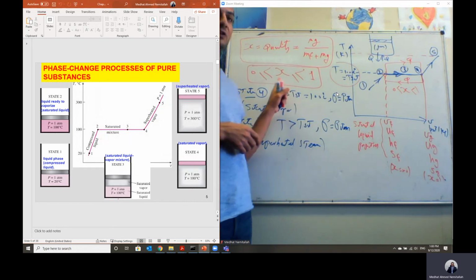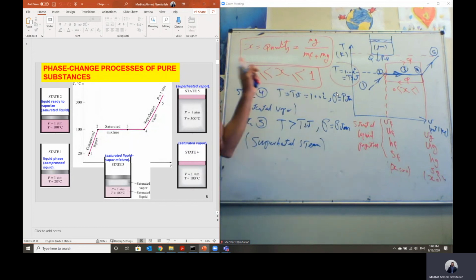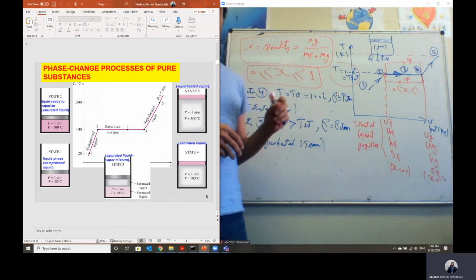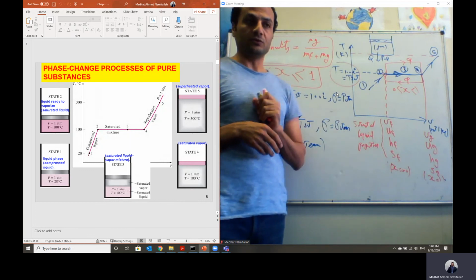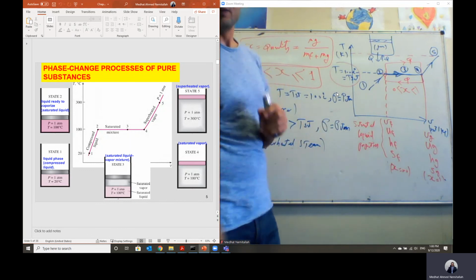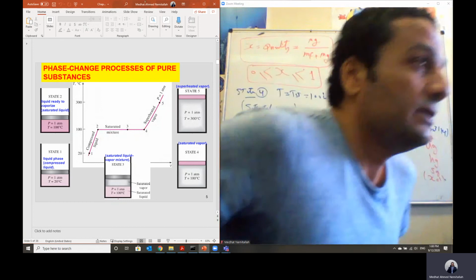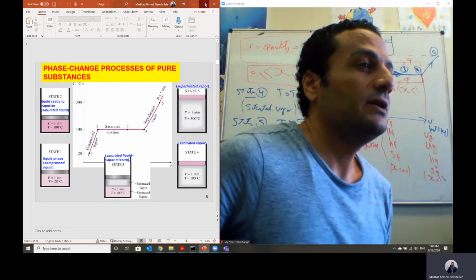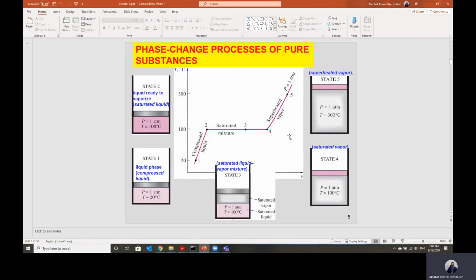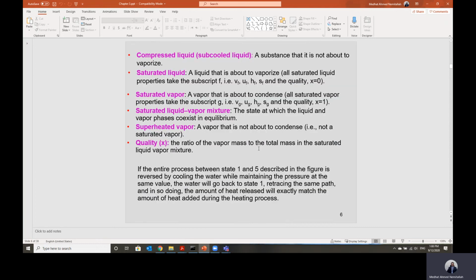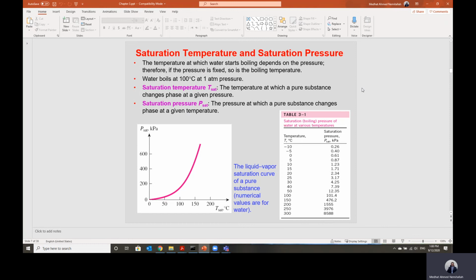So the latent heat of freezing from saturated liquid to saturated solid is the same as the latent heat of fusion from the solid to the liquid. Okay, so latent heat is the heat supplied or rejected, added or rejected, during the phase change process. Those are the parameters we discussed.